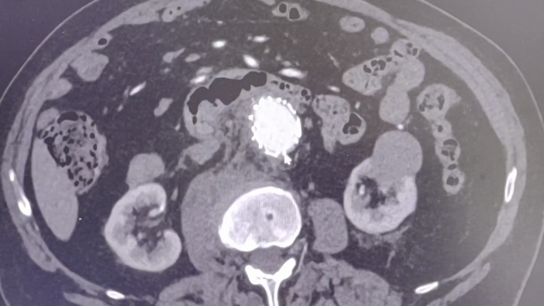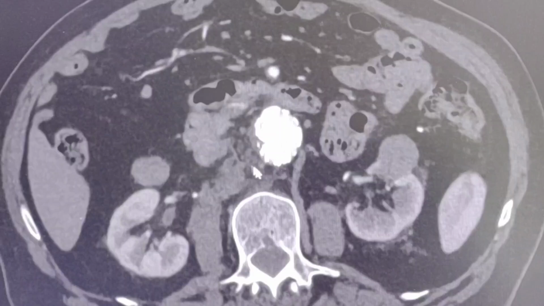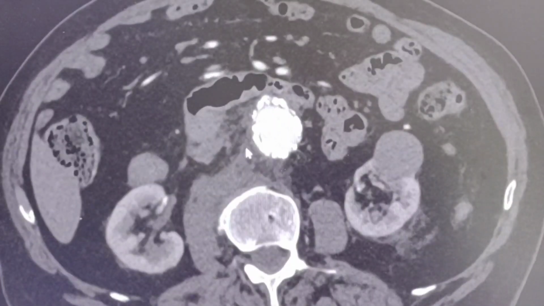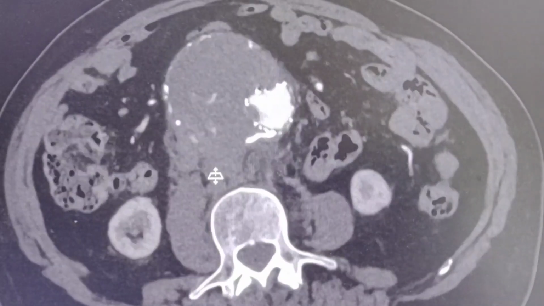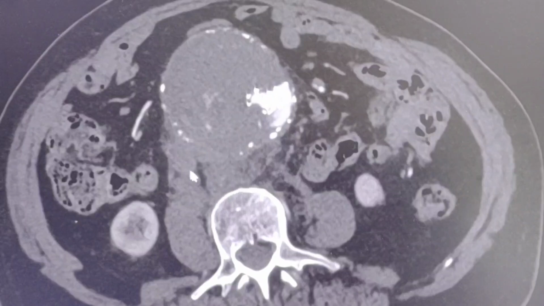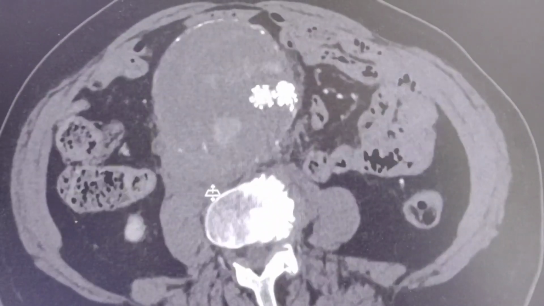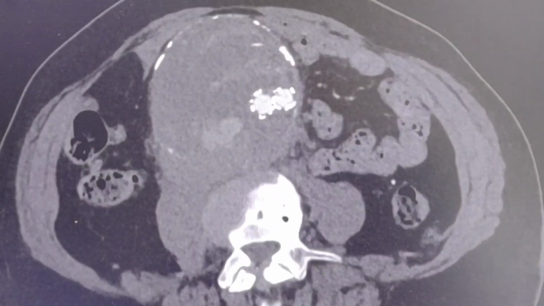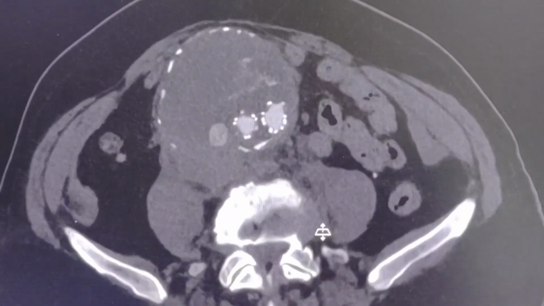All this area around the abdominal aorta shows fat stranding, and these appearances are compatible with a retroperitoneal hematoma. It's very important.